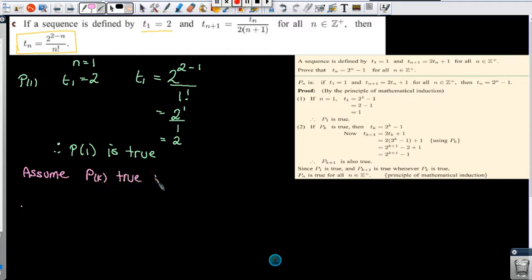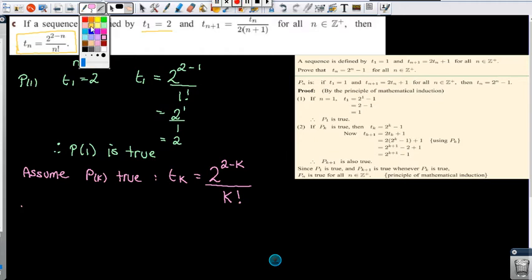And so what that means is we're saying TK equals 2 to the 2 take K all over K factorial. We're assuming that's true. Agreed? Again, nothing to actually do. You're just making a statement and you're saying that it's true.